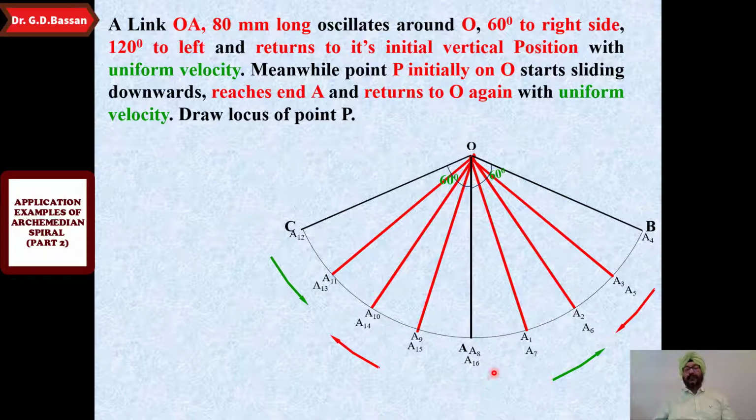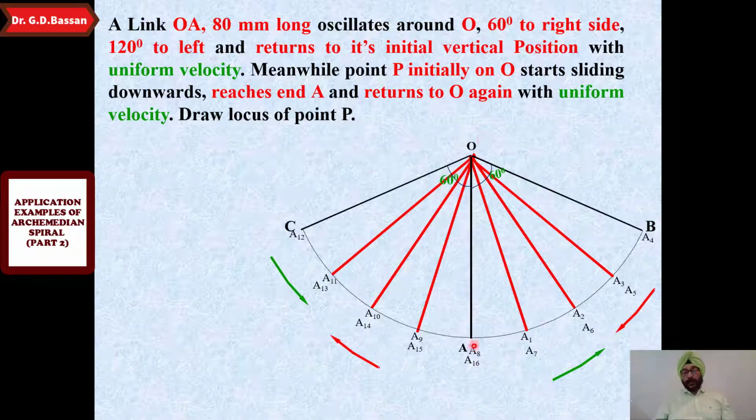And now the linear movement of the link, as given in the example, is that point P is initially at O, starts sliding downwards reaching A and returns to the O position again. So from O it goes to A and again comes back to the position of O. So we divide the total linear motion into 16 equal parts.